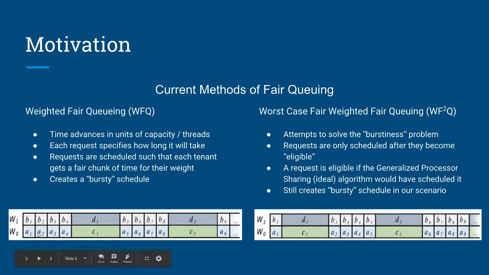The problem is you end up with a bursty schedule when you do this. So when I say a bursty schedule, I mean A is running in time units 0, 1, 2, and 3, right? One after another. And then it has this pause of 4 time units. Then it has another burst and a pause and another burst because it's running back and forth with C. And C needs 4 time units contiguously in order to complete what it's doing.